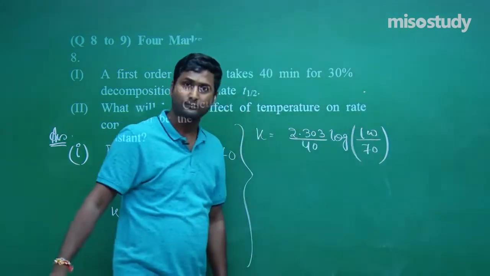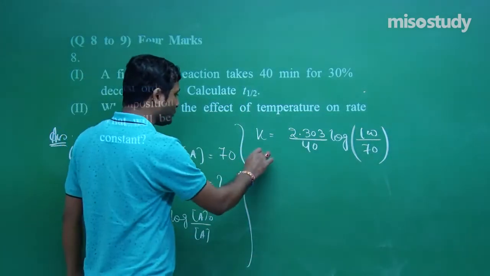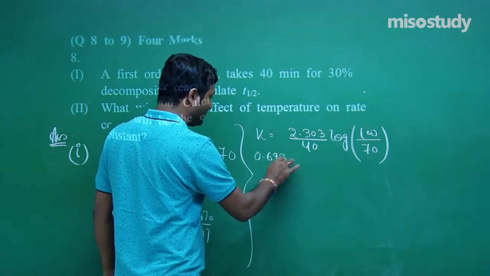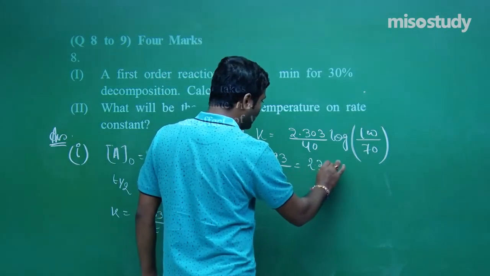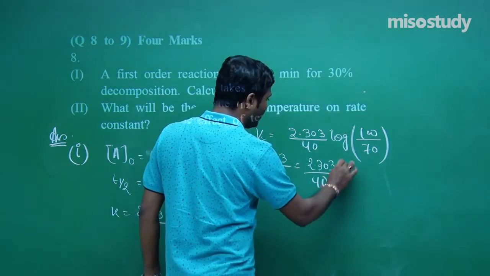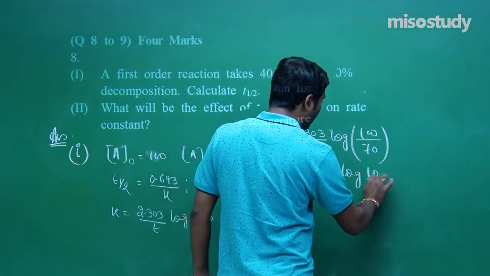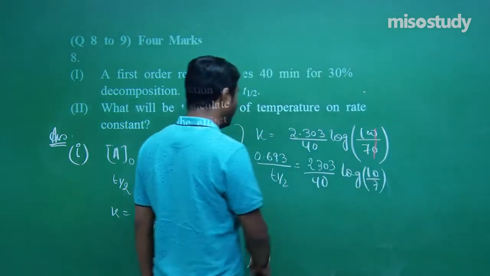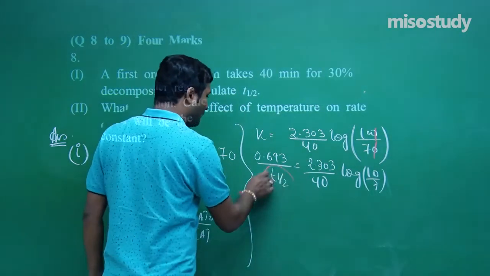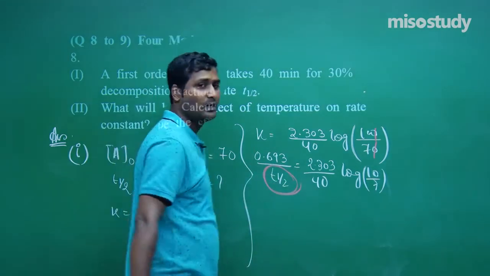Now K is equal to, we know, 0.693 upon T half is equal to 2.303 upon 40 log 10 upon 7. Clear? Now you can easily get the value of T half. This is a simple one, my friend.